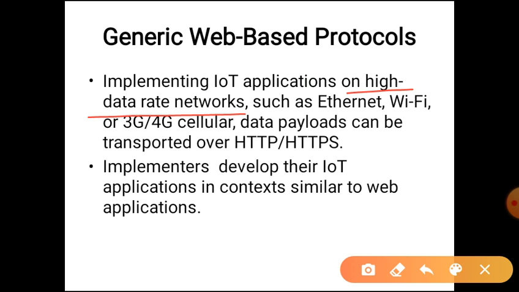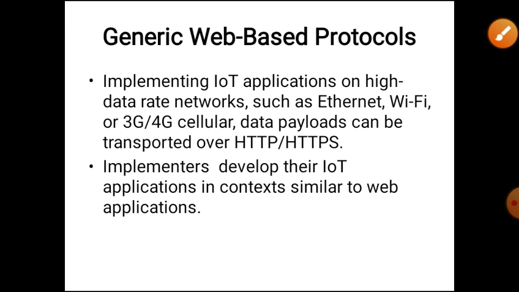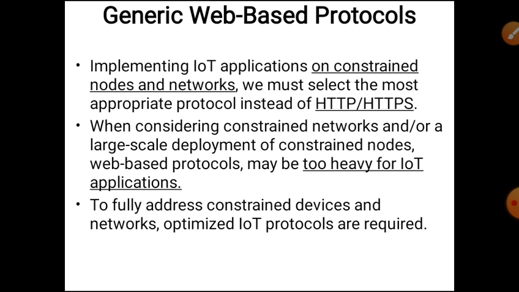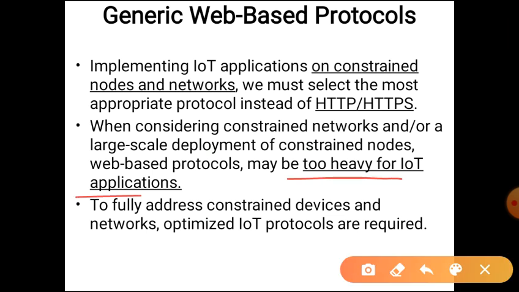But the same protocols, HTTP and HTTPS, can be heavyweight if they have to be used over constrained nodes and constrained networks. So instead of HTTP and HTTPS, we may have to go for optimized IoT protocols if the IoT application has to run over a constrained network and on constrained nodes.